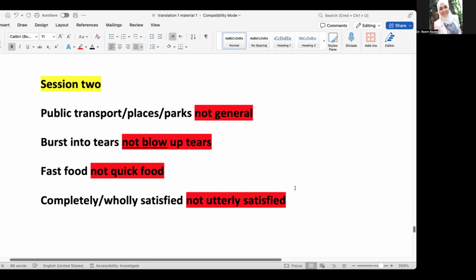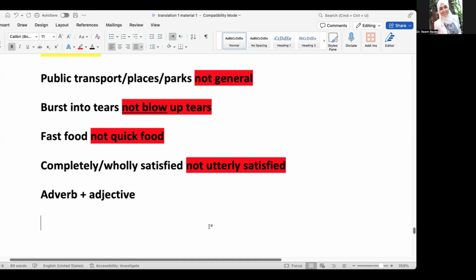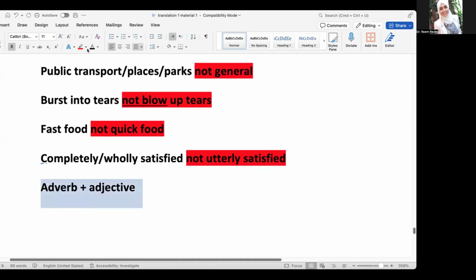And even sometimes you have also to pay attention to this. Also, we can say, for example, an adverb that comes with an adjective. Here are examples regarding this point.